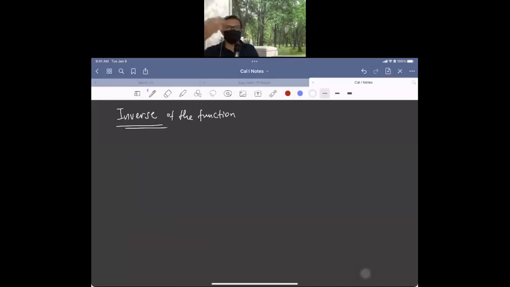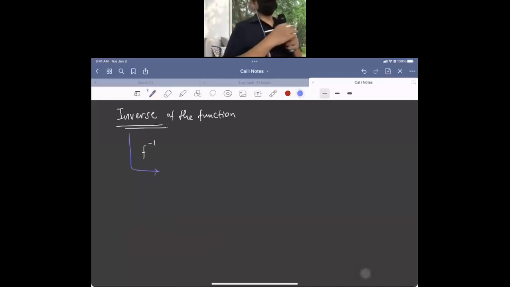Okay, if the function is f, usually, if we are already familiar with the inverse, you know that we write f and then -1 at the top means that is the inverse of f. Okay. Now, what is inverse? Maybe anyone can describe what is inverse in your own words.